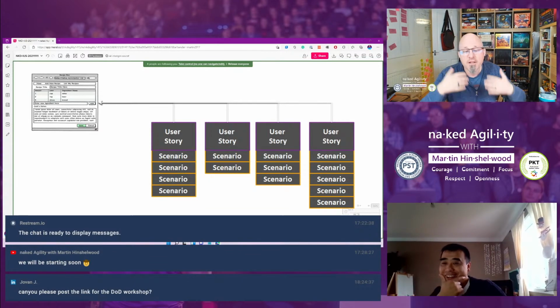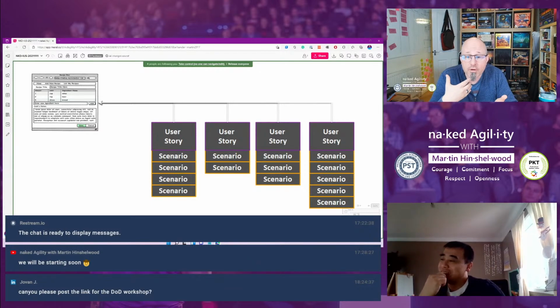When they come back, you get them to take a user interface off their product backlog, something that doesn't exist yet in your product, and you say, right, let's build some user stories. Let's break this down. Let's create something that we can understand what this thing is, that we've made the business decisions that we need to make.